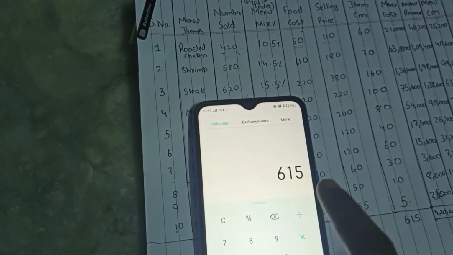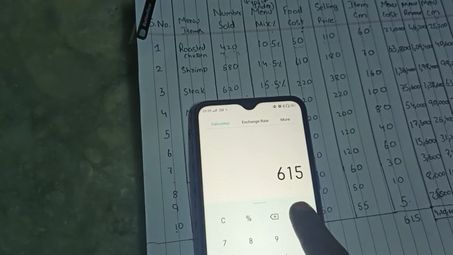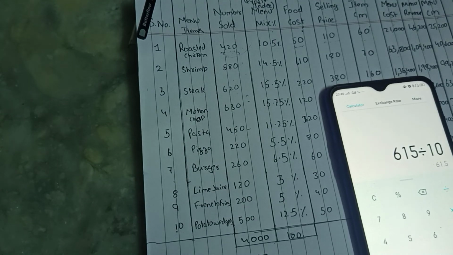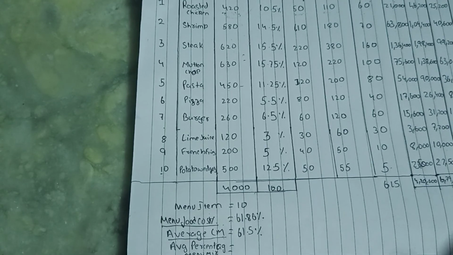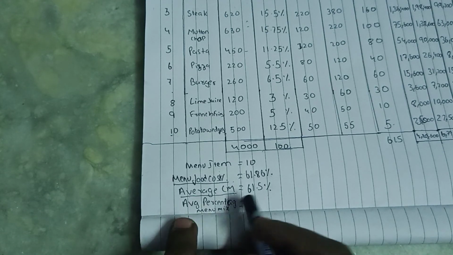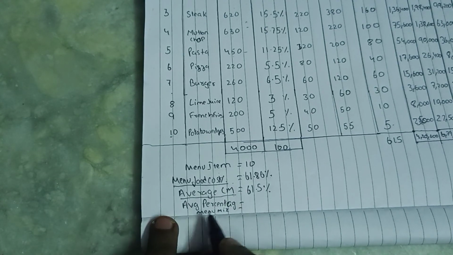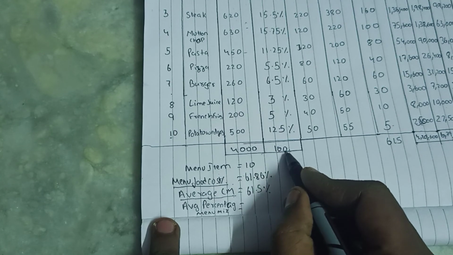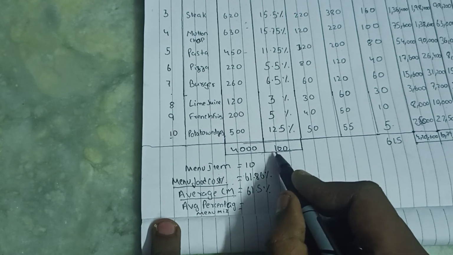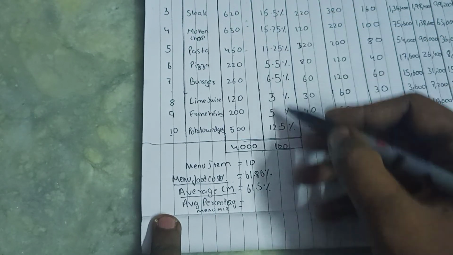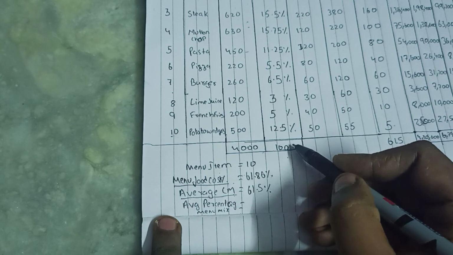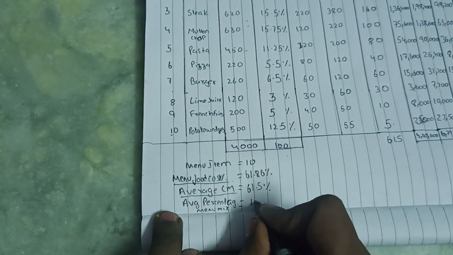So the total of CM, that is 615, is divided by 10, which is 61.5. So we have found out our average contribution margin. Then we have to find out average percentage mix. So our total menu mix percentage is 100, divided by 10, that is also 10%.